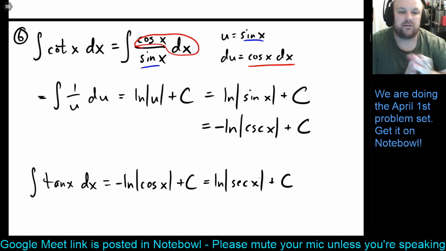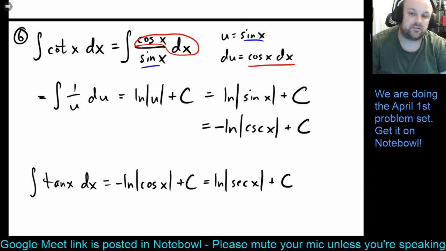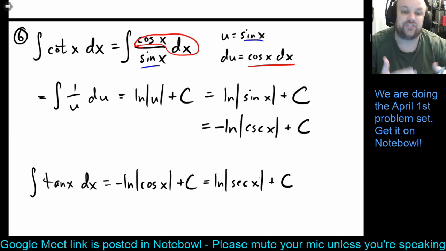If you remember, we always swapped trig functions for their cofunctions when we did the derivatives of all the trig functions. Like, derivative of tangent was secant squared, derivative of cotangent was negative cosecant squared. It's kind of meant to keep that analogy.